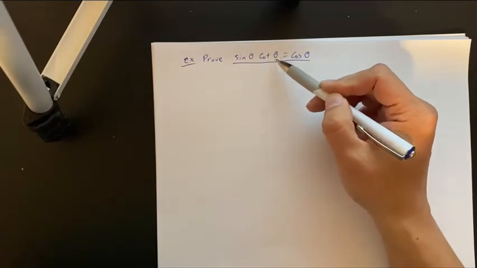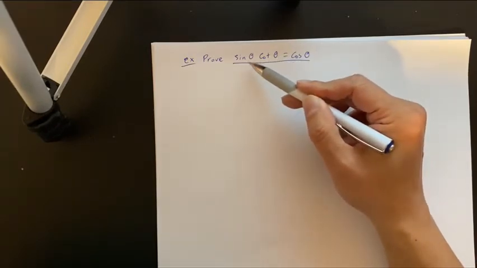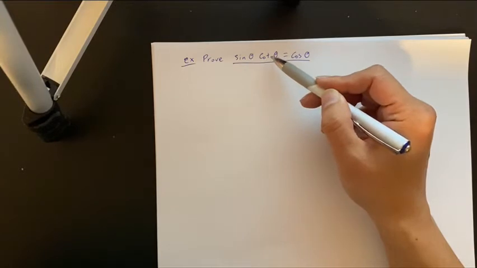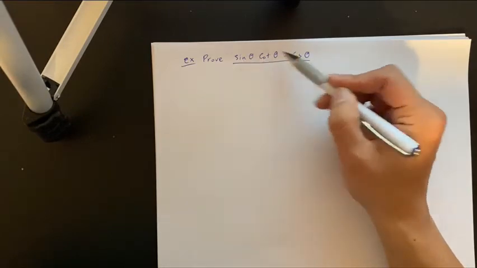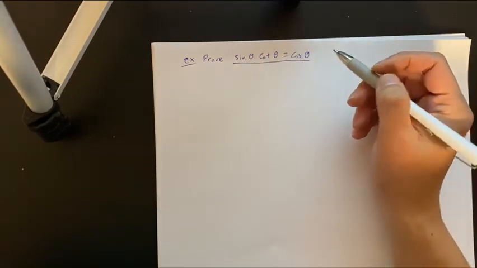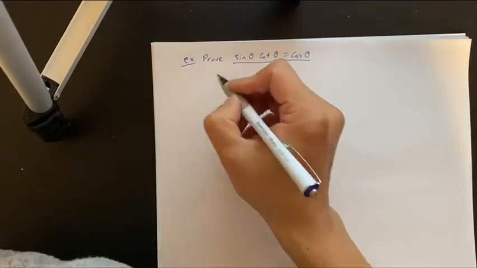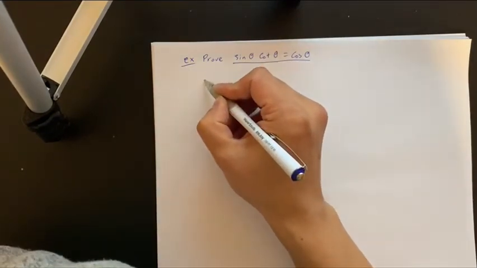So in this case, I would pick the left side because here it seems like I can do something with this cotangent, simplify it with the sine, and get this cosine. Okay? So I'm going to start with the left-hand side.